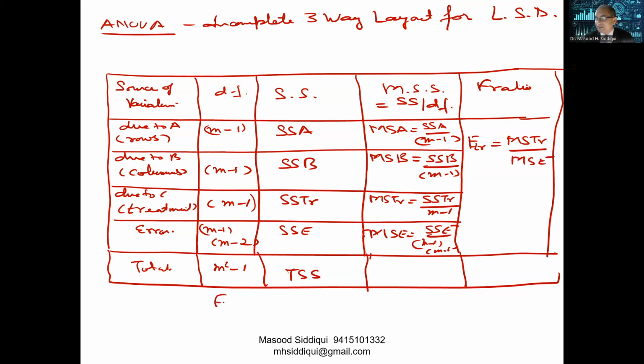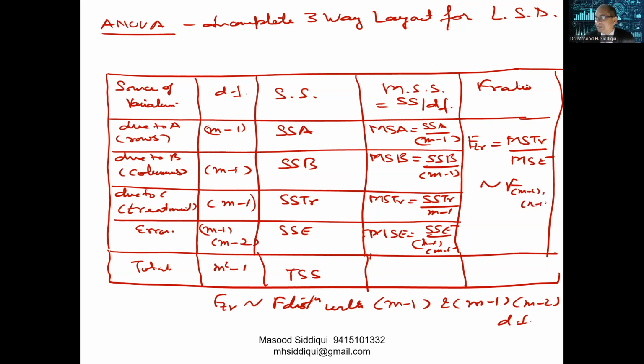This FTR follows the F distribution with m minus 1 degrees of freedom in the numerator and m minus 1 into m minus 2 degrees of freedom for the error. So it follows F with m minus 1, comma, m minus 1 into m minus 2. Accordingly, we decide whether to accept or reject the hypothesis.